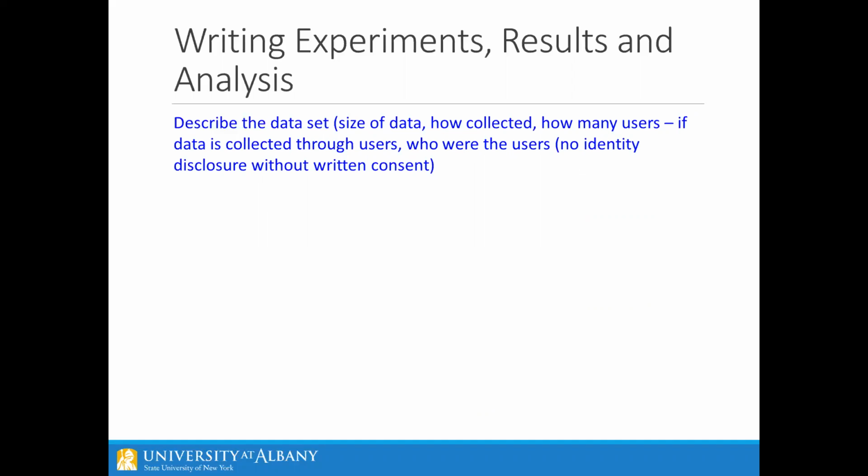If you're using a data set for your project and experiments, you need to discuss the size of the data set and how it was collected. If you've taken it from some organization, you need to mention it. If you're collecting it from users, whether you have provided them a no identity disclosure document, and so on.